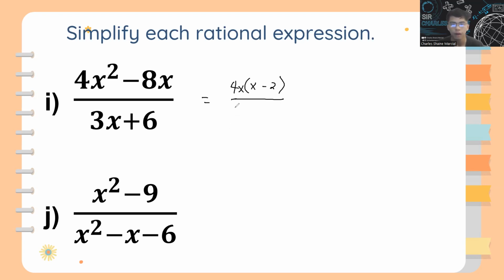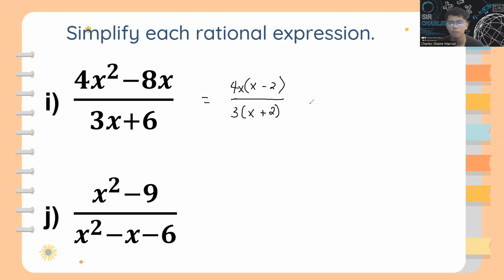3x plus 6. Factor out natin yung 3. Then i-multiply kay 3 yung x and positive 2. Okay? We have x plus 2. Okay, so dito, yung case naman is magkaiba yung sign.